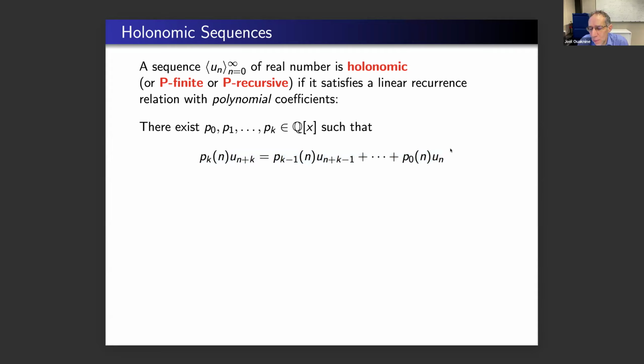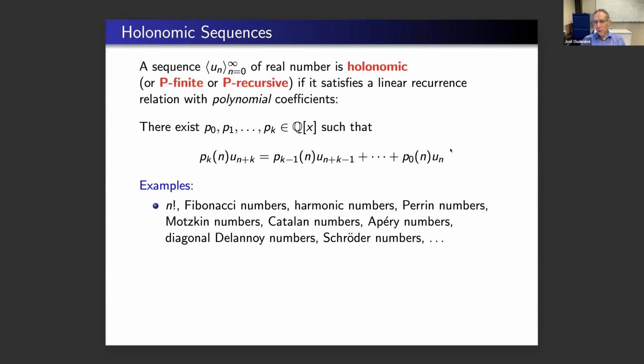And so we've seen examples, the Apéry numbers, and so on. There are plenty of examples. So n factorial is holonomic, the Fibonacci numbers, any linear recurrent sequence with constant coefficients is, of course, holonomic. So Fibonacci numbers in particular, harmonic numbers, Perrin numbers, etc. And also the Taylor coefficients of many, many functions. This is not a coincidence.